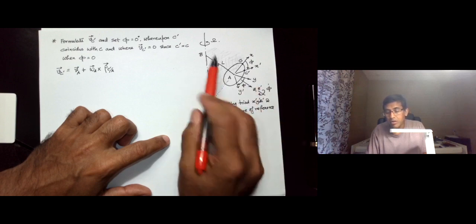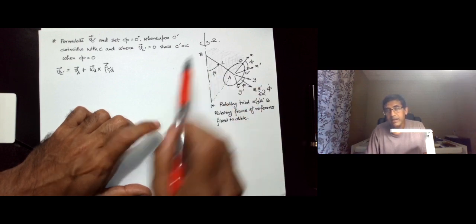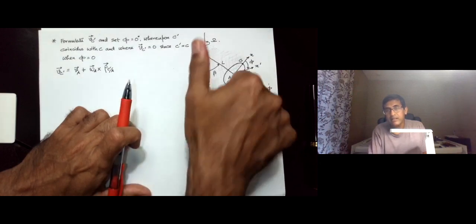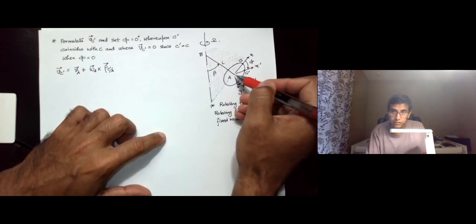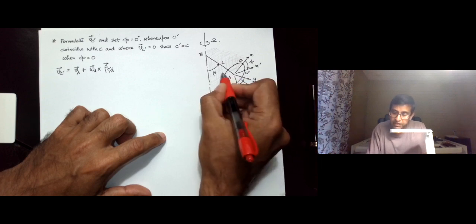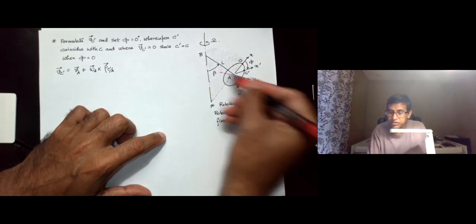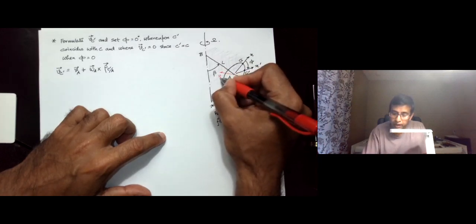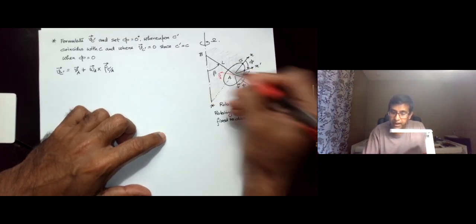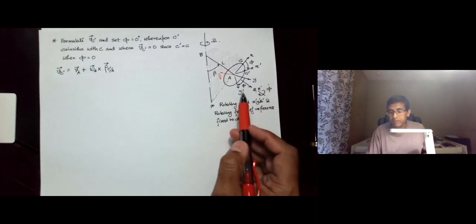However, note that the direction of rotation of AB is in this direction, which means that A is actually going into this vertical plane. So essentially the velocity of A is in this direction, which is exactly opposite of the y axis. Now keep in mind that this y is not y prime.